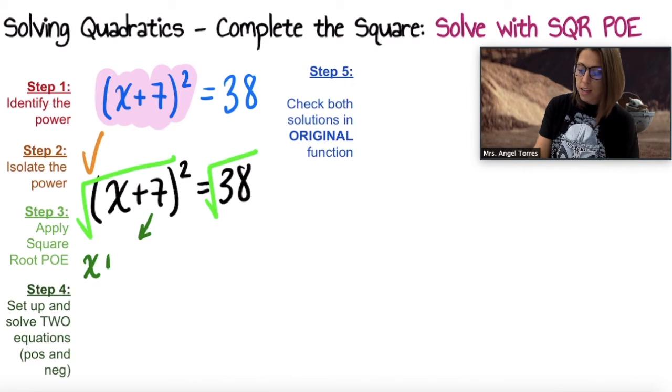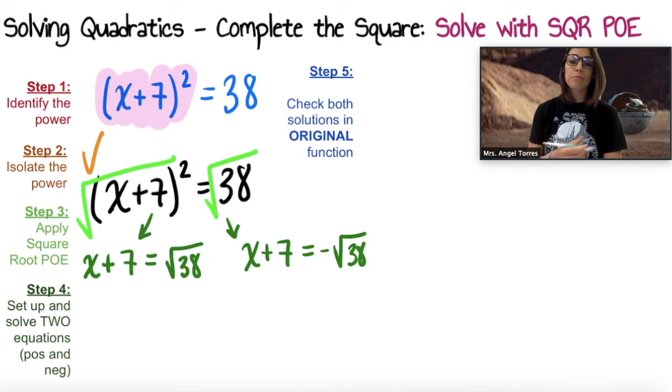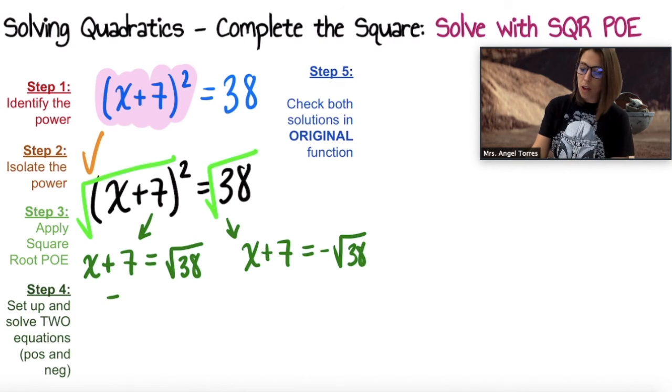Equation number 1, x plus 7 is equal to the square root of 38. And equation number 2, x plus 7 is equal to the negative square root of 38. Both are numbers that if you square them, they'll give you 38. So let's solve.